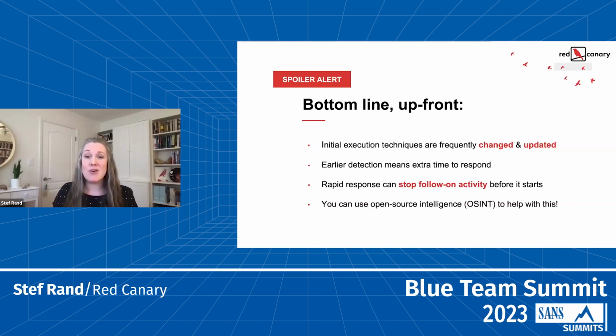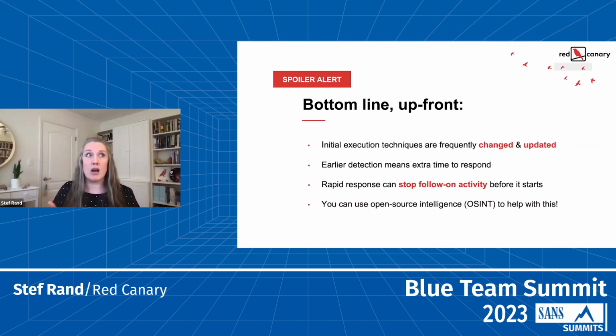If you can get enough lead time, you can actually get out in front of malicious payloads before they get dropped on your system. That's ideal. If you can detect the thing that's dropping the malware before the malicious payload even gets a chance to be downloaded or gets a chance to execute, that's awesome.